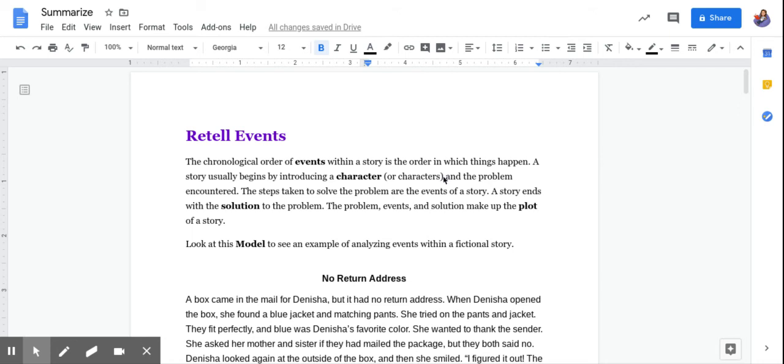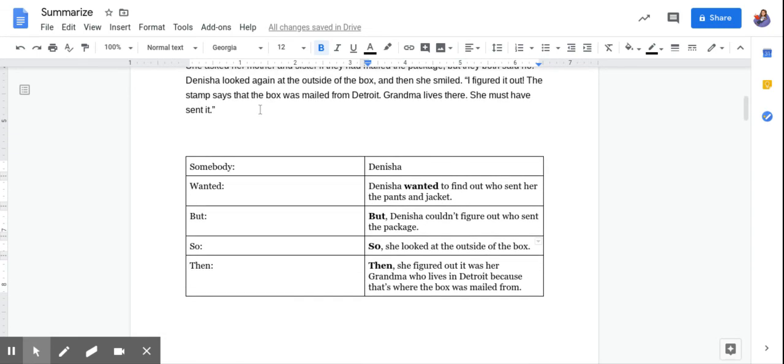And you're using somebody wanted but so then to kind of help you answer those questions. So you do not need to complete this graphic organizer, but you can to help you answer any difficult or challenging questions. So again, you're reading The Circus Comes to Town and you're answering questions 1 to 5.